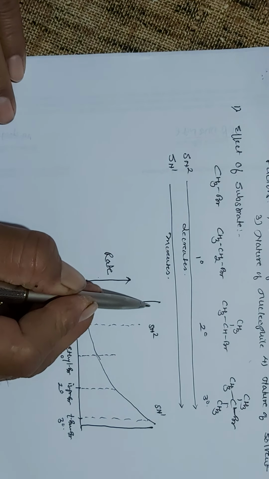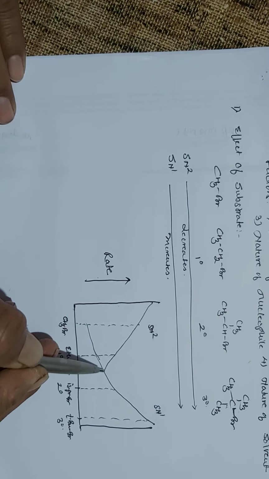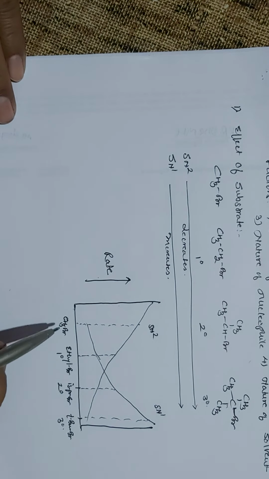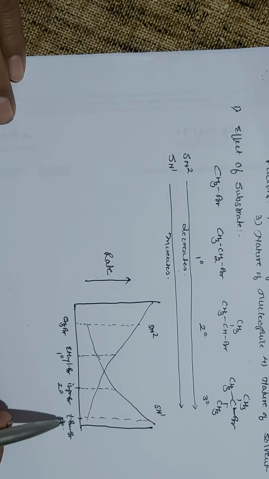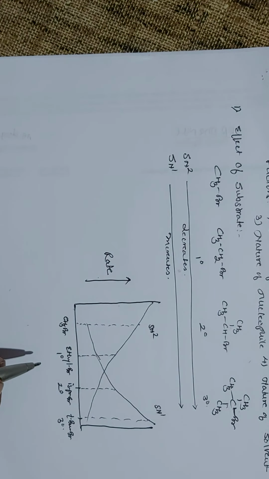Whereas the rate of SN2 reaction goes on decreasing from methyl bromide to ethyl bromide to isopropyl bromide, and isopropyl bromide to tertiary butyl bromide. The stabilization of the positive charge in the SN1 reaction is governed by different factors, that is the inductive effect, resonance effect, and hyperconjugation.